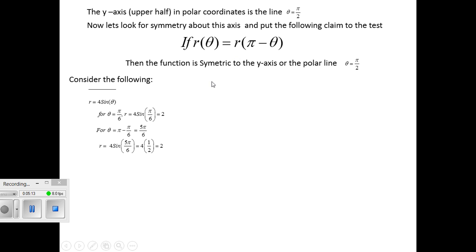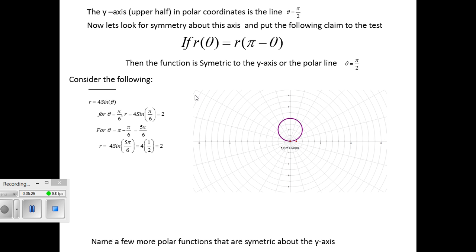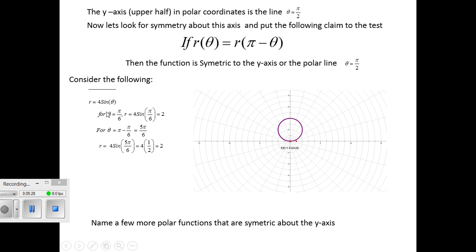If we replace theta with pi over 6 and 5 pi over 6, they are point symmetric about that line. In our function, which is a sine function, replacing theta with pi over 6, we get 2, and replacing theta with 5 pi over 6, its supplement, we get 2. So we conclude that we do have symmetry about that line with this function.